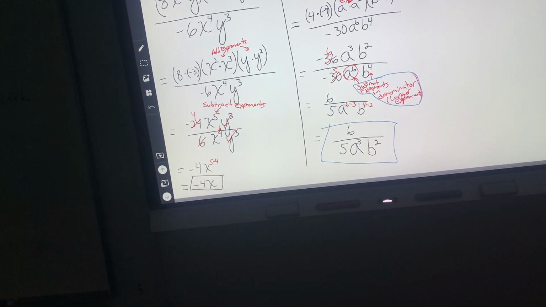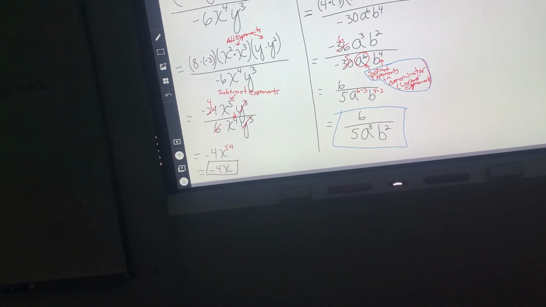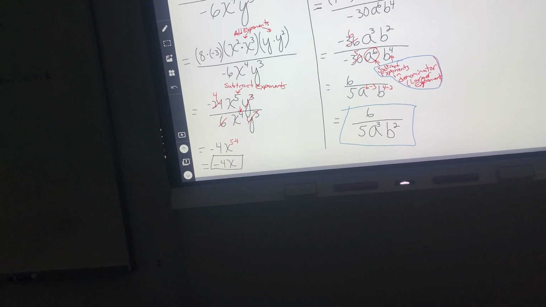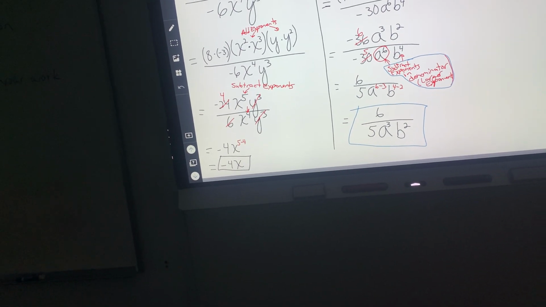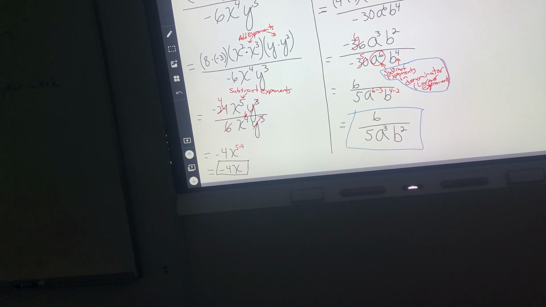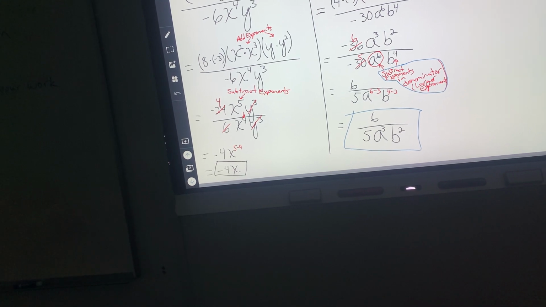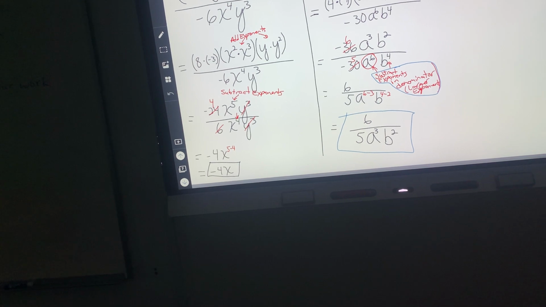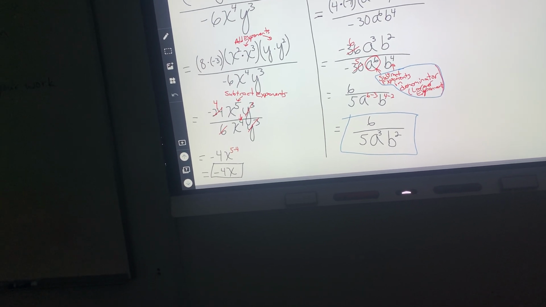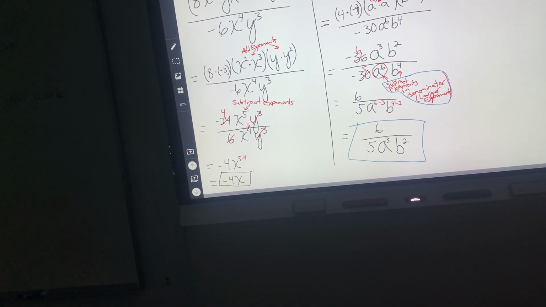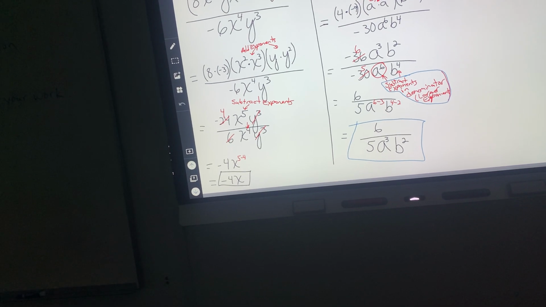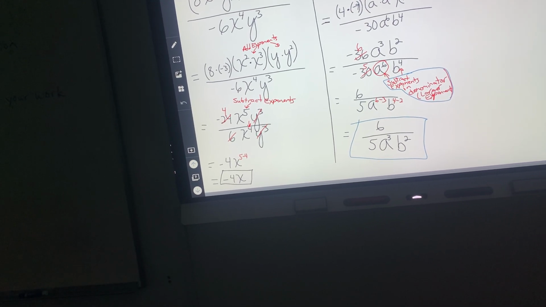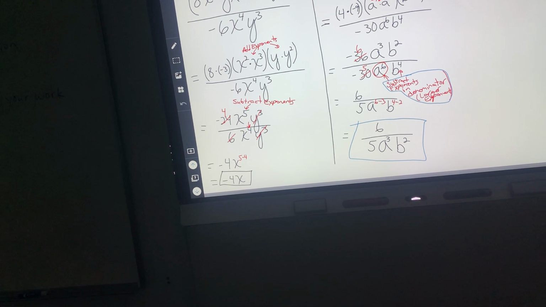Now we can use the division rule. First we reduce that fraction. 6 goes into negative 24 negative 4 times. Then using the division rule, which is to subtract the exponents where the larger exponent exists, x to the fifth power minus the fourth power.